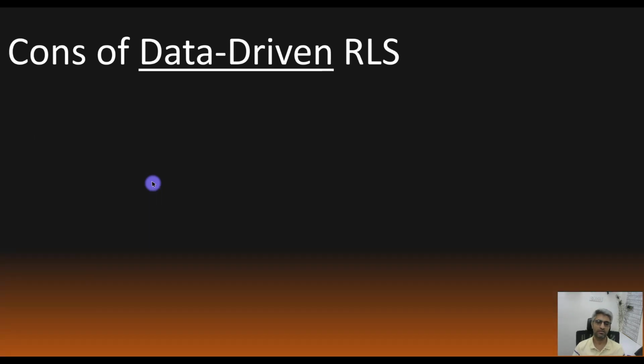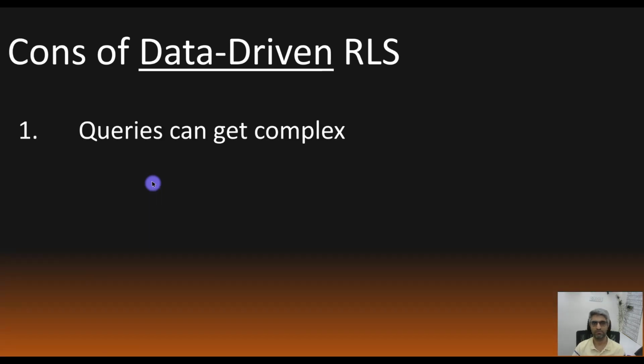Then let's look at the shortcomings of this approach as well. First, the queries can get complex. As you can see, it was not a simple select star from a table. It was a select star from a function, and then this function had to be parameterized as well. Now, it makes your queries definitely complex, but does it make them highly complex? No, I think it's manageable.